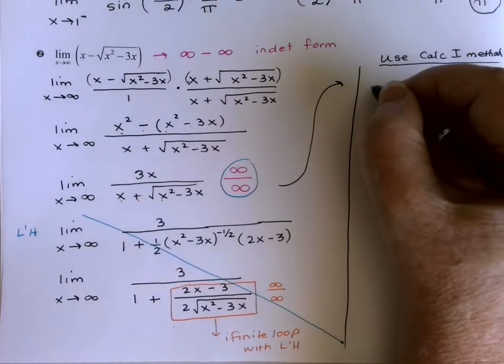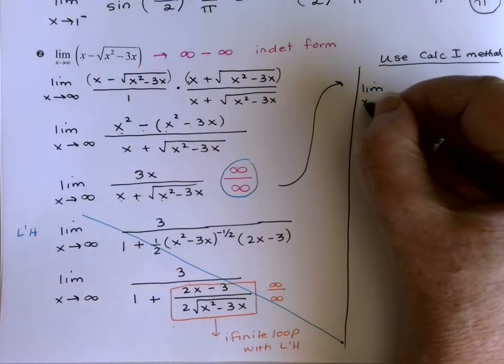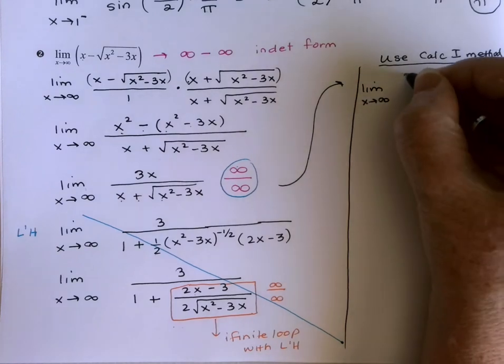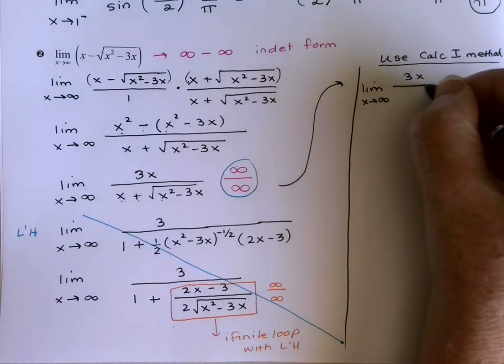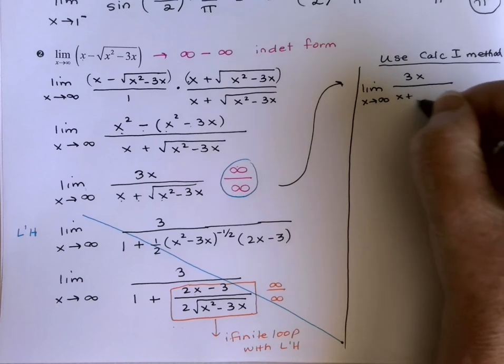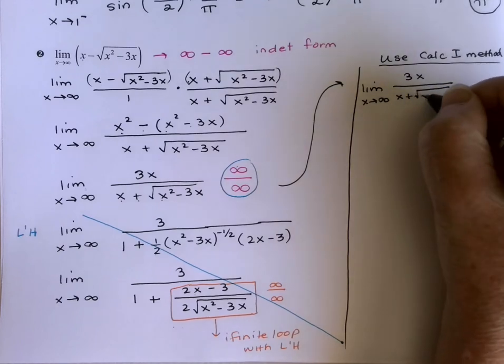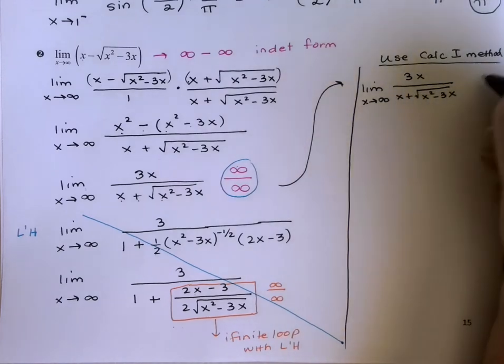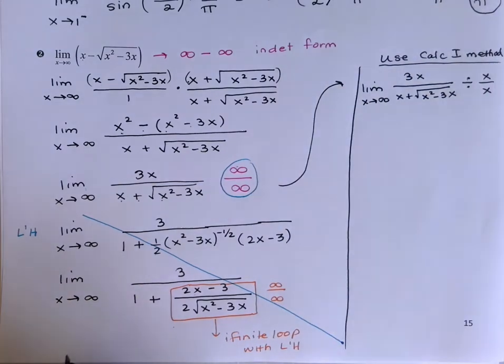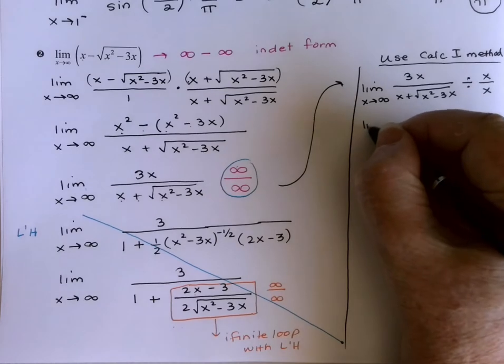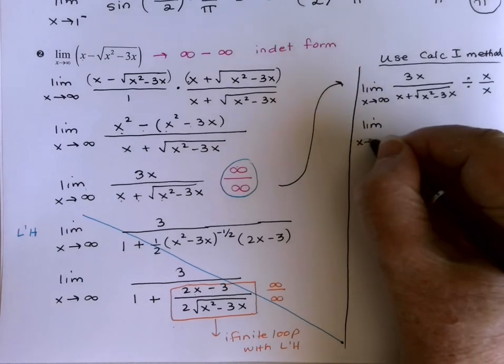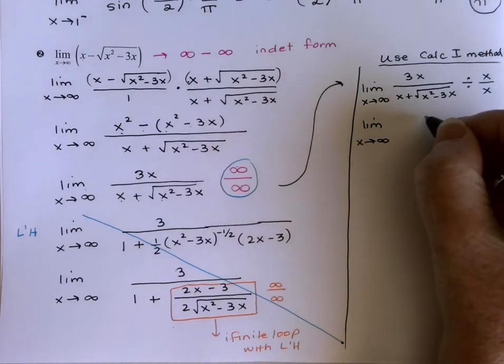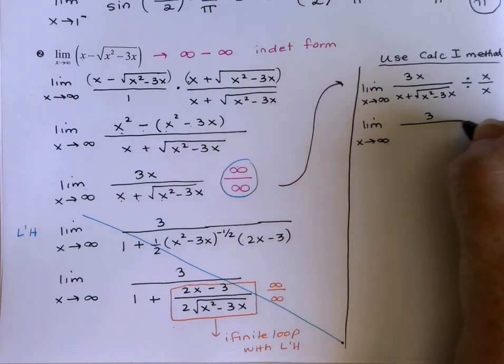If I've got my limit of 3x over x plus this radical, and I just divide it by x over x. The numerator becomes 3.